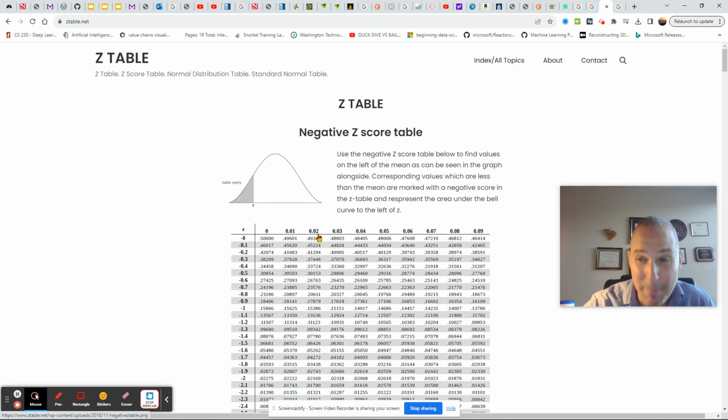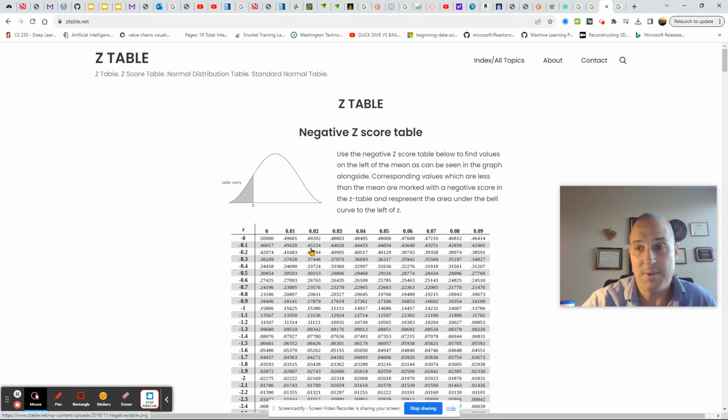So for example, if I went 0.12 standard deviations to the left, how much area would be to the left of that? That's the question. I'm going negative because I'm saying everything to the left of this. So this is 0.1, and then 0.12 is going to be right there.